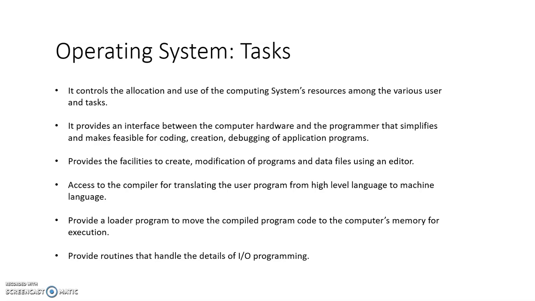Also, it provides an interface between the computer hardware and the programmer that simplifies and makes feasible the coding, creation, and debugging of application programs. Also, it provides the facilities to create and modify programs.